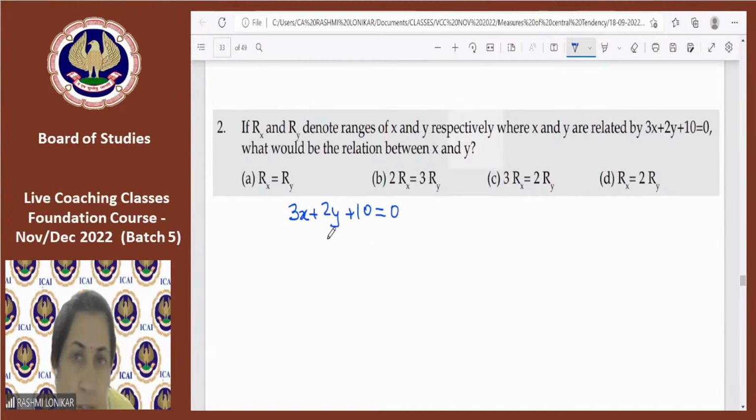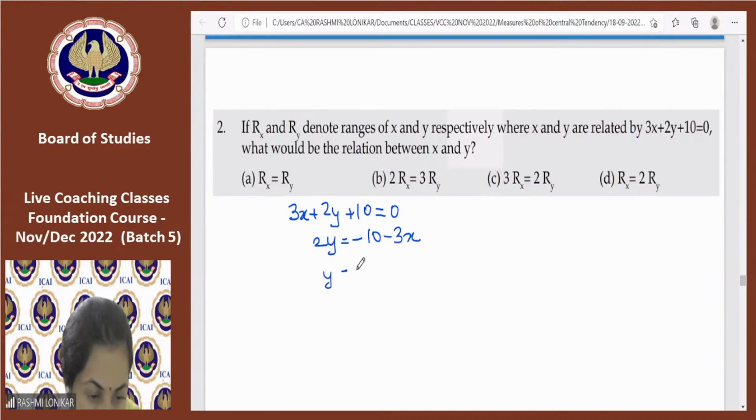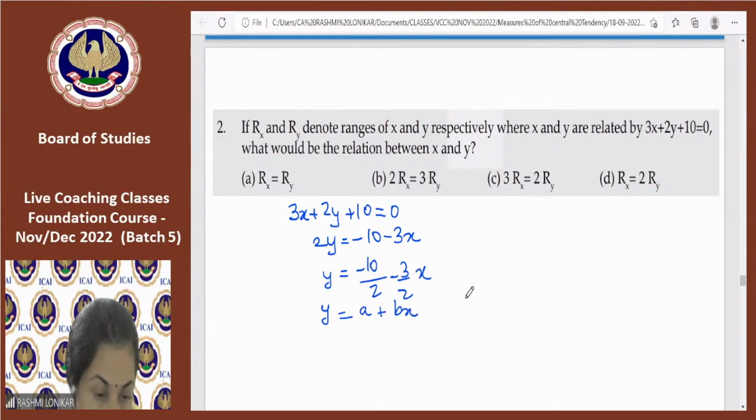I keep 2y to the left hand side and all others to the right hand side. 2y is equal to minus 10 minus 3x. So y is equal to minus 10 upon 2 minus 3 upon 2 x. So y is equal to a plus bx. So a is equal to minus 5 and b is equal to minus 3 by 2.